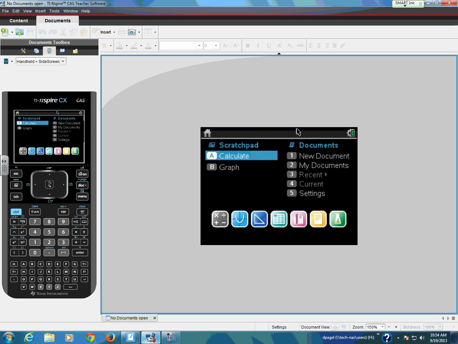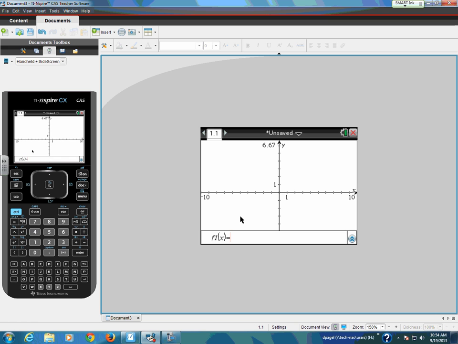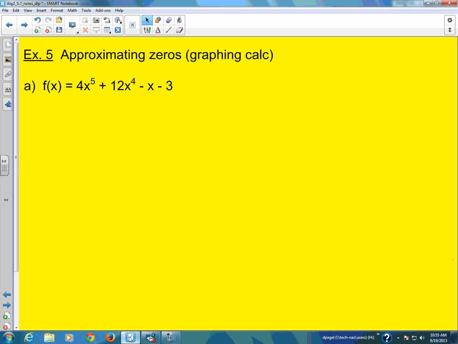First thing we'd have to do, now if you don't have this, this is the TI Inspire, but TI 84, 83, you can still do the same thing graphing-wise, but I'm just going to show you what this would look like. First of all, we would have to put in our equation. And our equation, going back here, is 4x to the 5th plus 12x to the 4th minus x minus 3.